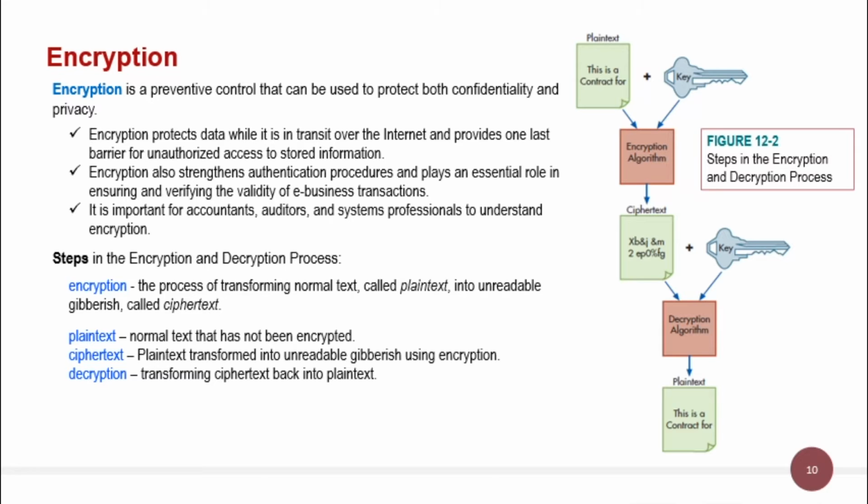So encryption protects data while it is in transit over the internet and provides one last barrier for unauthorized access to stored information.